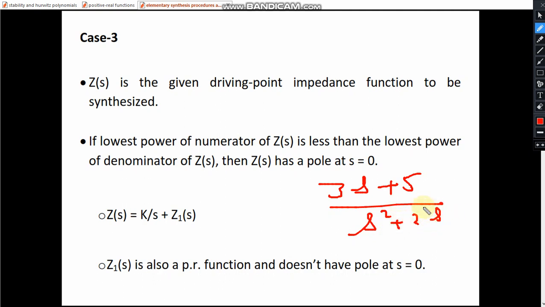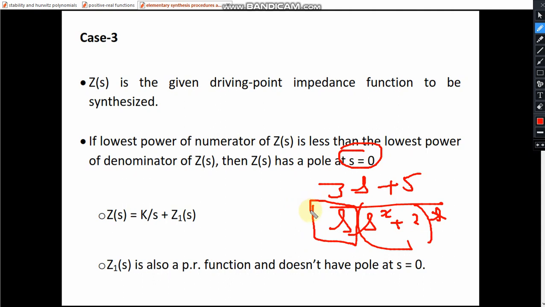The lowest power here is s to the power 0 and here it is s to the power 1. So the denominator has the higher lowest power. What does that mean? There is a pole at the origin. s can be taken as common. We can write it like this: s into s plus 2, this cancels.